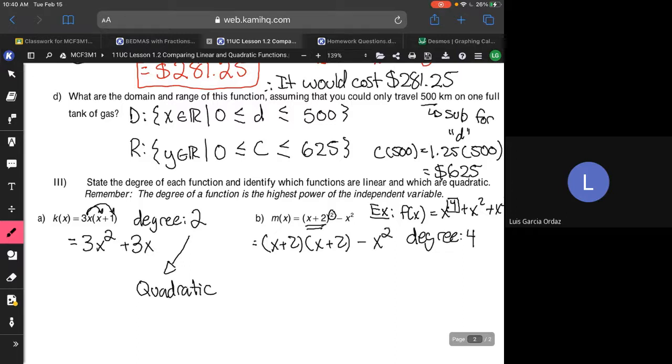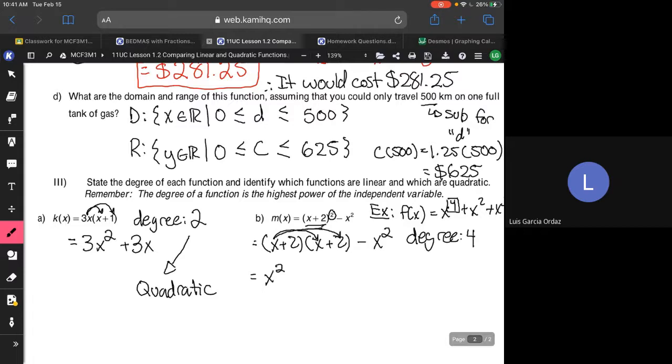Do you guys remember how to FOIL from grade 10? Okay. So I'm going to start with my first term, which is x, and I'm going to multiply it by the first term in the second bracket. So what is x squared? What is x times x? Now I'm going to take the first term of the bracket, which is x, and multiply it by the last term in the second bracket.